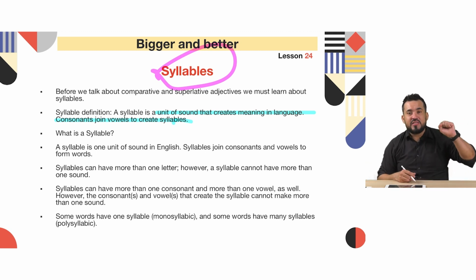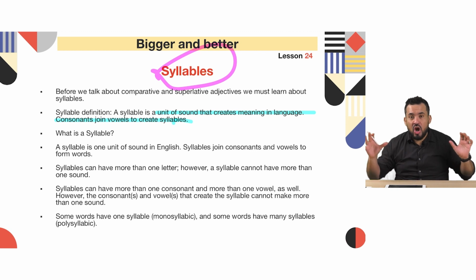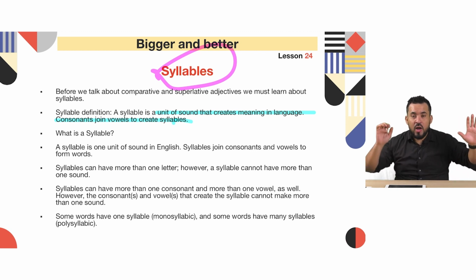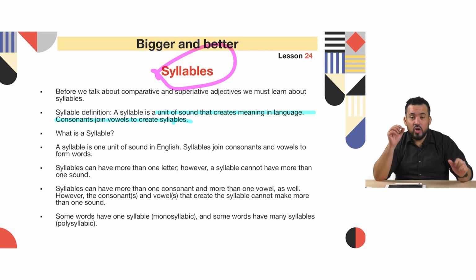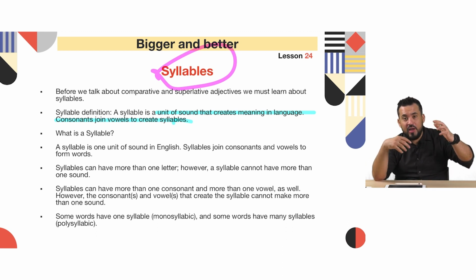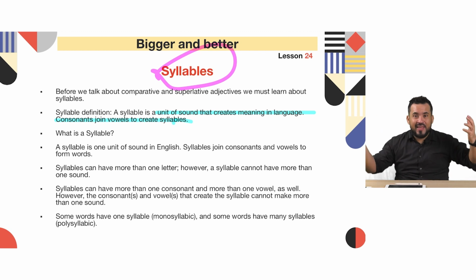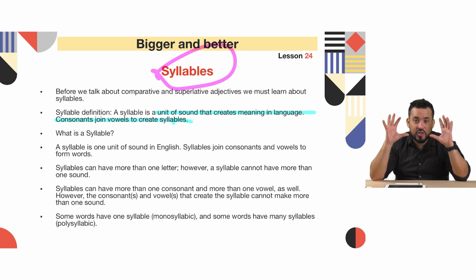For example, if I say word, that is one syllable because it has only one part. Now if I say shopping, that is two parts, that means it's two syllables, two units. If I say knowledge, that's two parts, that means it's two syllables.